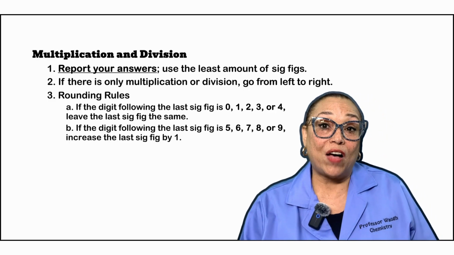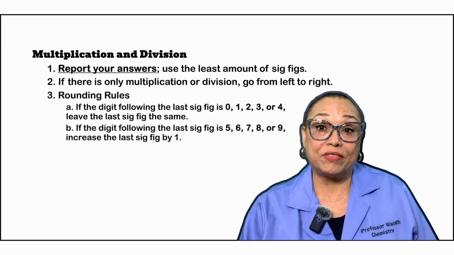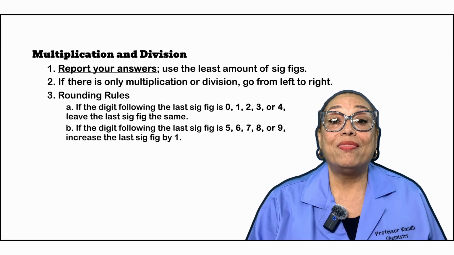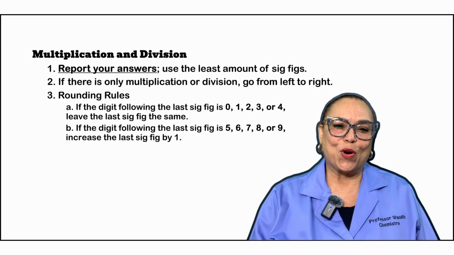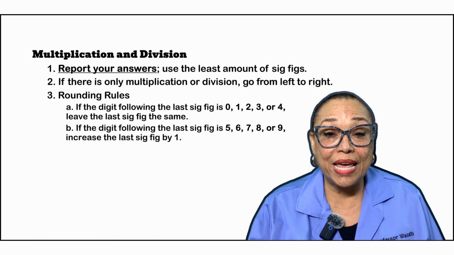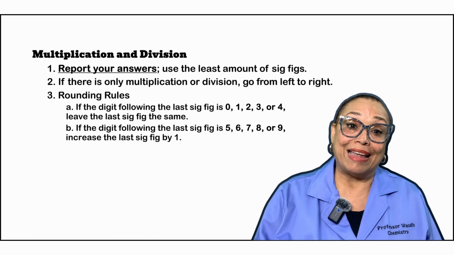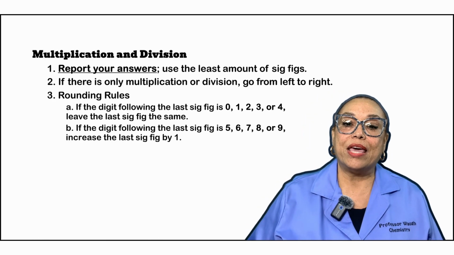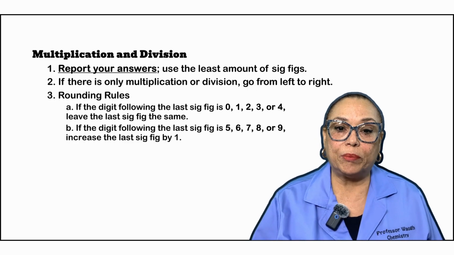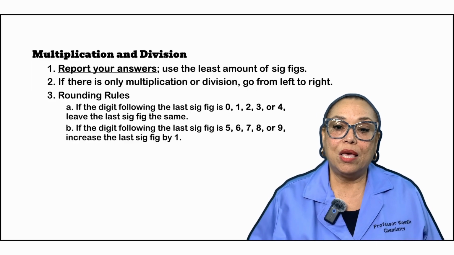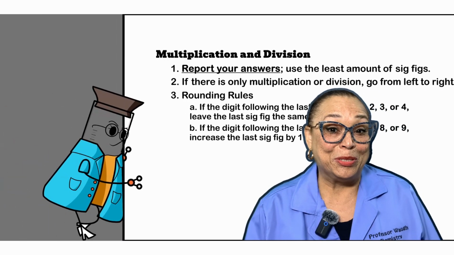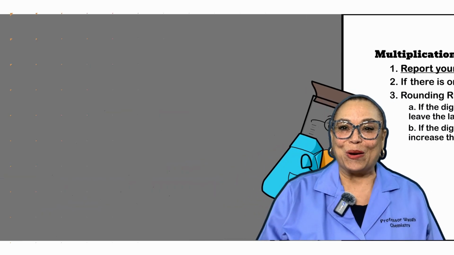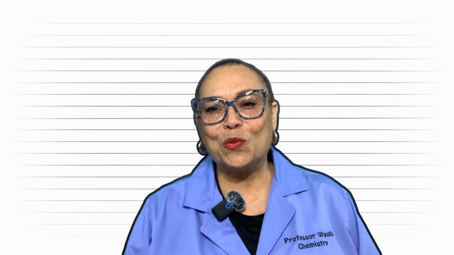If the digit that follows the last sig fig is 5, 6, 7, 8, or 9, then increase the last sig fig by 1. Furthermore, if the equation only contains multiplication and division operations, then all you have to do is solve the problem going from left to right. We'll go more in depth with this in the upcoming PEMDAS video. So, stay tuned.